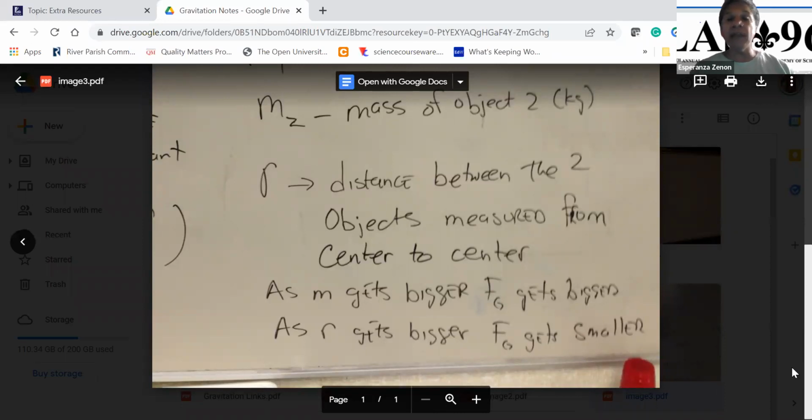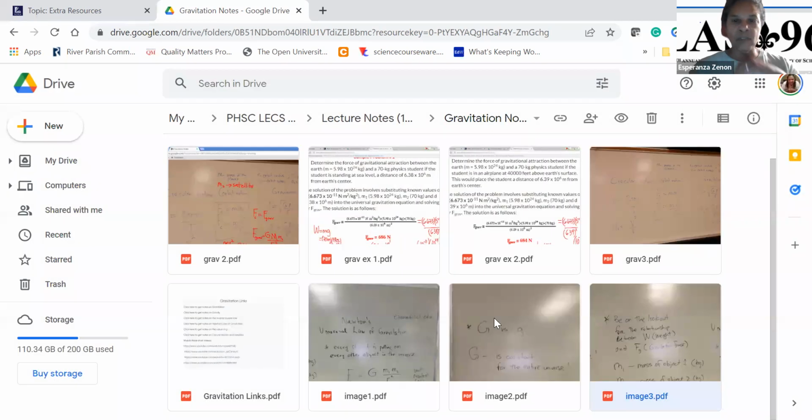I gave the example on Tuesday of Jupiter. Jupiter is much bigger than the Earth, and yet you don't feel the pull of Jupiter on you because it's so far away. So that's the four items that I have listed there on the bottom.